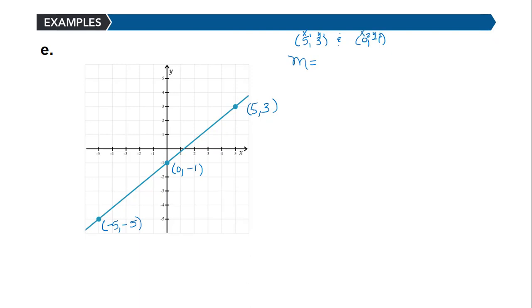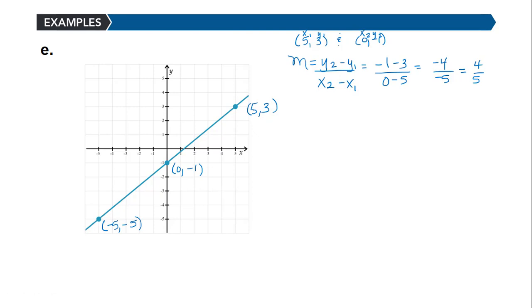So my slope is y sub 2 minus y sub 1 over x sub 2 minus x sub 1, which is -1 minus 3 divided by 0 minus 5. And that's -4 divided by -5. There's no common factor, but note that a negative divided by a negative is a positive 4/5. And notice that the line is rising, it's going up, and that should correspond to a positive slope of 4/5.